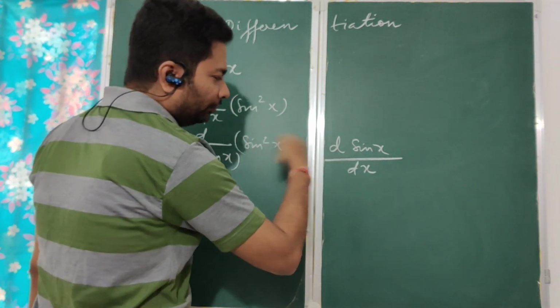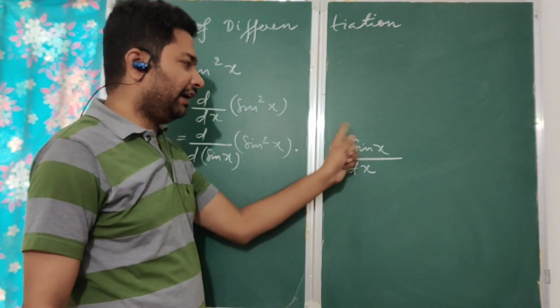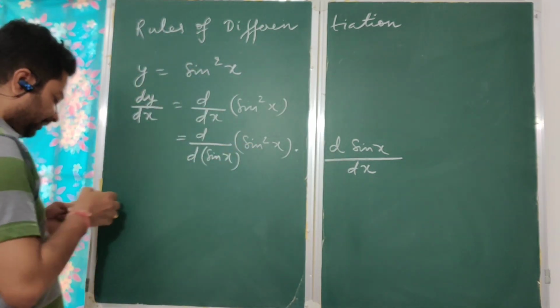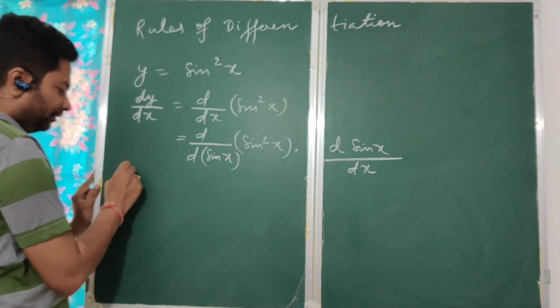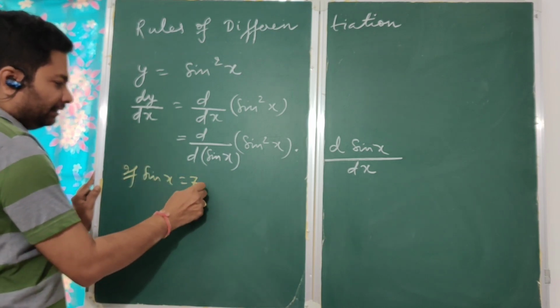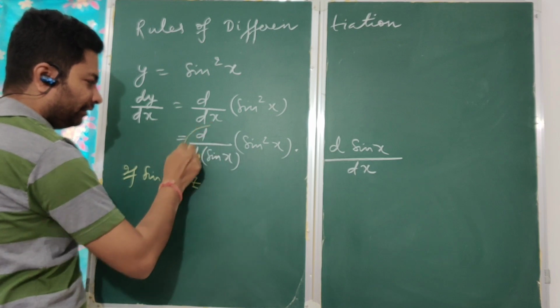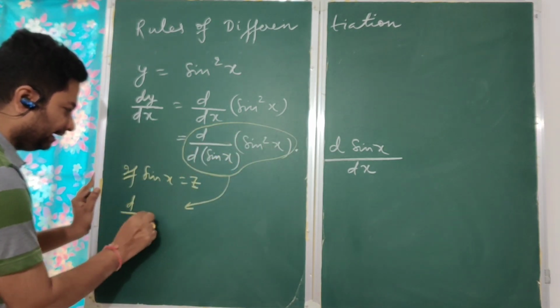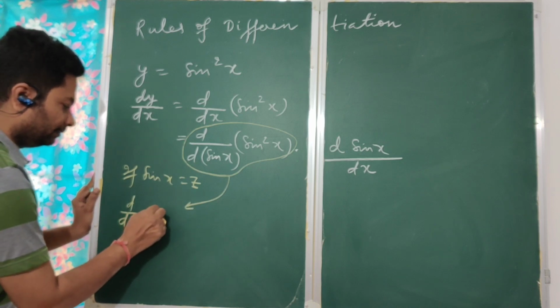And we'll keep on breaking it down till we finally land up with the standard form. Why have I done it like this? Because if I represent sine x by z, then this whole thing can be written as d by dz of z square.